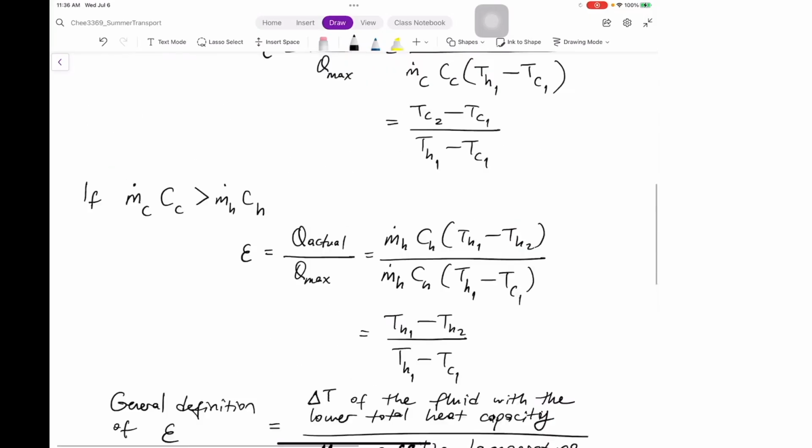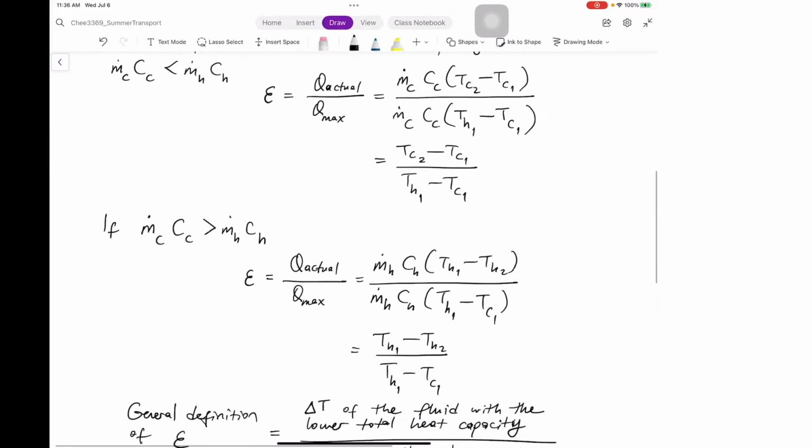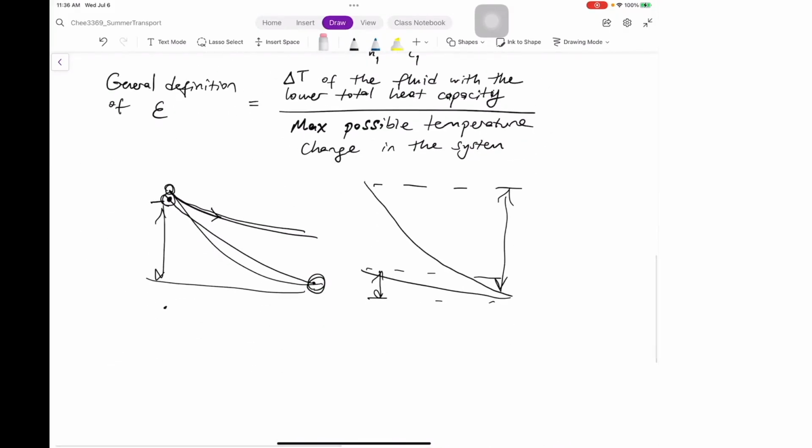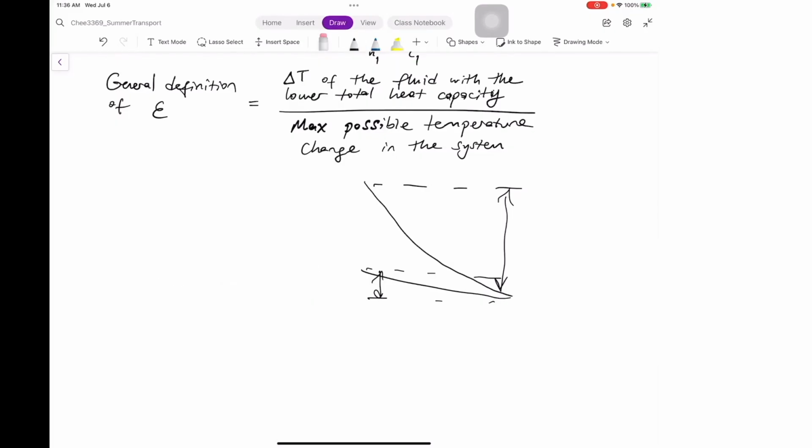That's the reason why we took into account two different cases. So for this analysis, you should first figure out which one is going to be having the maximum possible temperature change. That's the one with the lower heat capacity. So that's why in the numerator also we use the delta T of the lower heat capacity fluid. So that's our definition of epsilon.